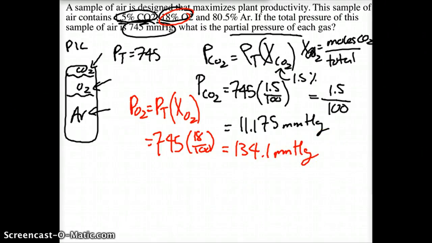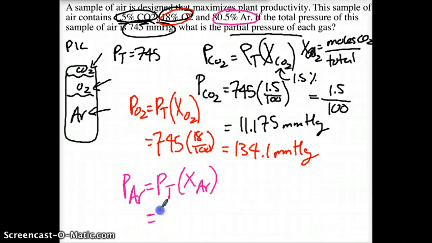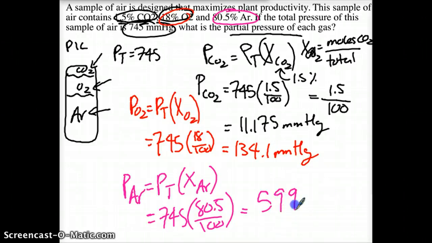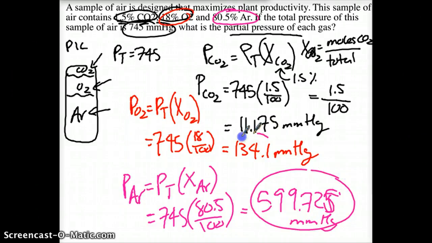And last but not least, my argon, which is 80.5%, P of Ar, is going to be PT times the mole ratio of Ar, which is going to be 745 times 80.5 over 100, which is going to give me a final answer of 599.725 mmHg. I'm not too worried about sig figs right now.